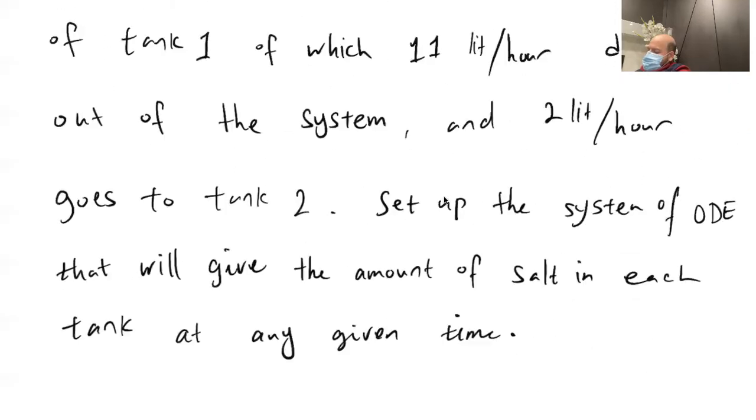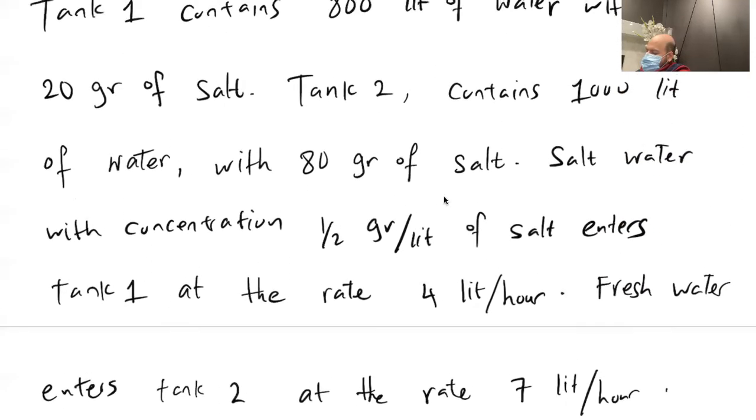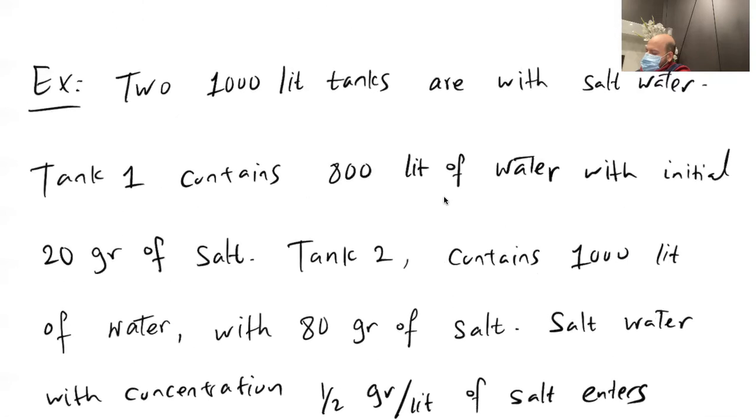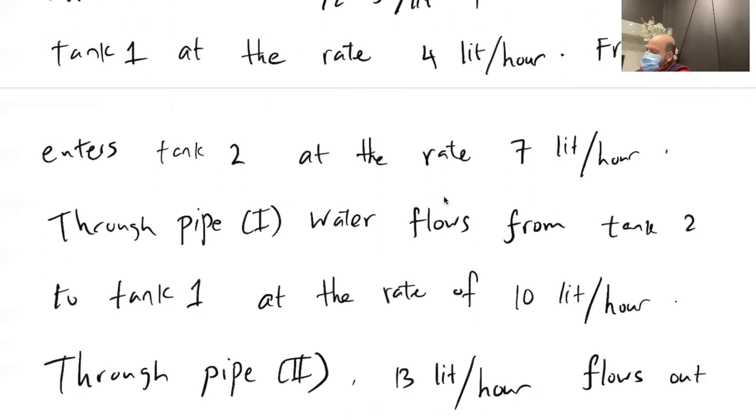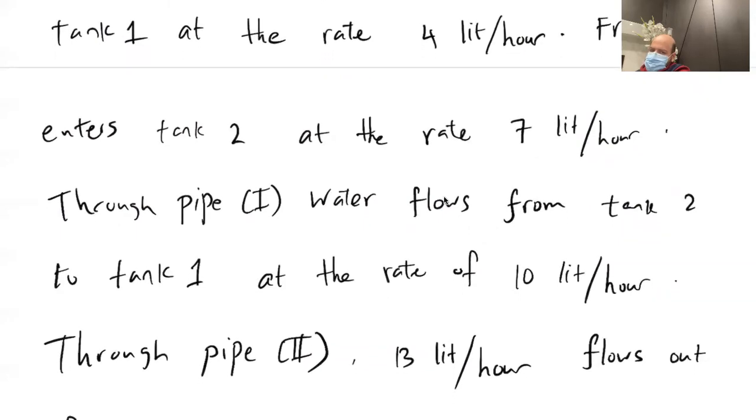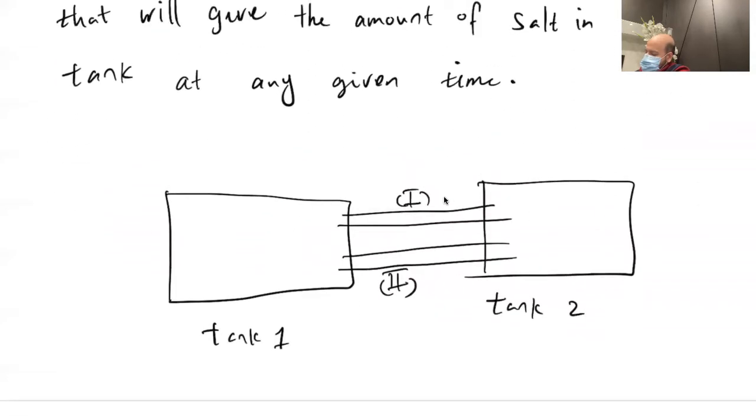Now, what do we know? We know that 4 liters per hour goes to tank 1, salt water, and 7 liters per hour goes to tank 2, fresh water. So 4 liters per hour goes here, 7 liters per hour goes here.